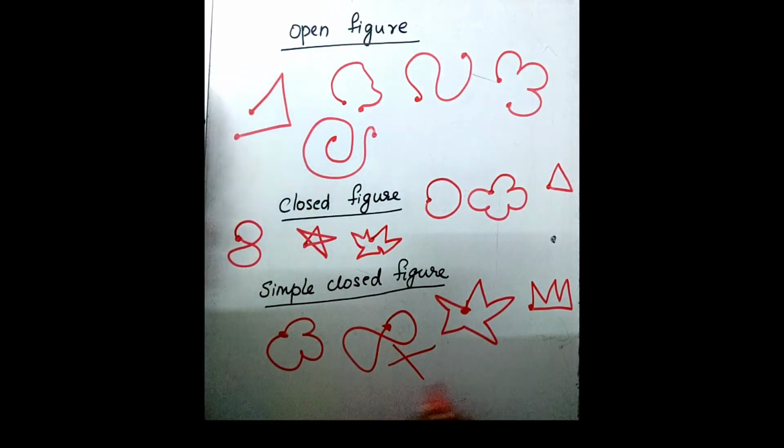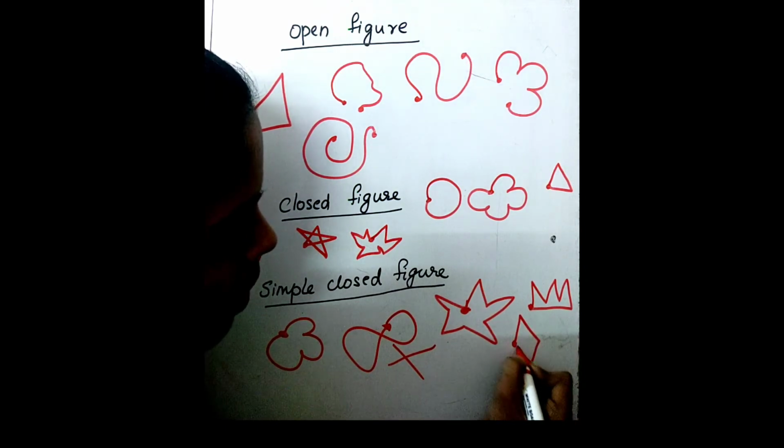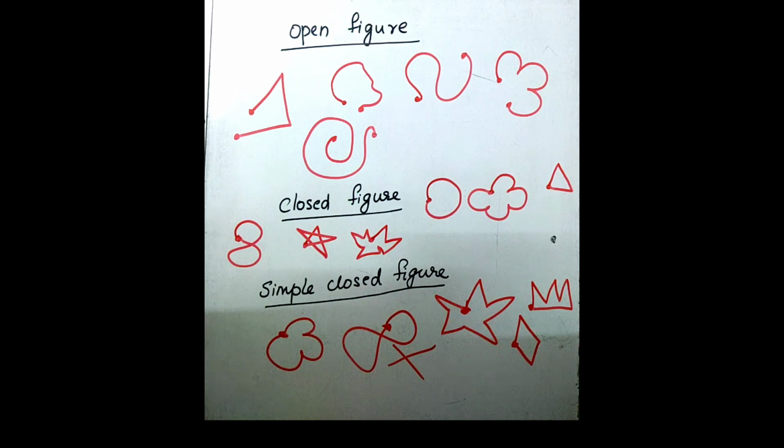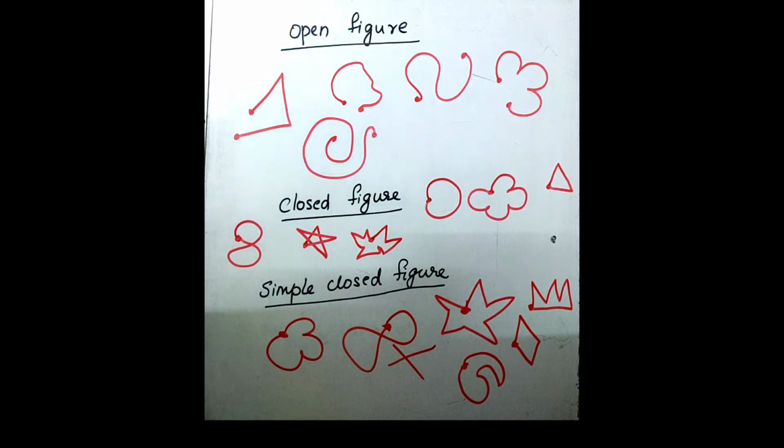This is a simple closed figure. This is a simple closed figure. This is a simple closed figure because in this figure the figure has not crossed.